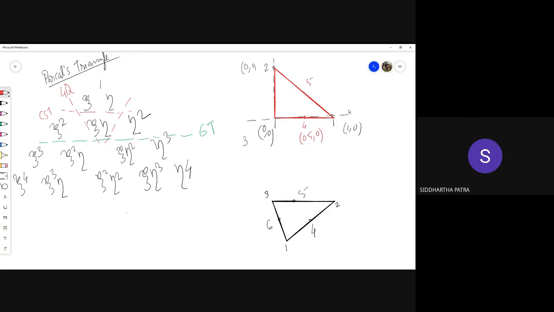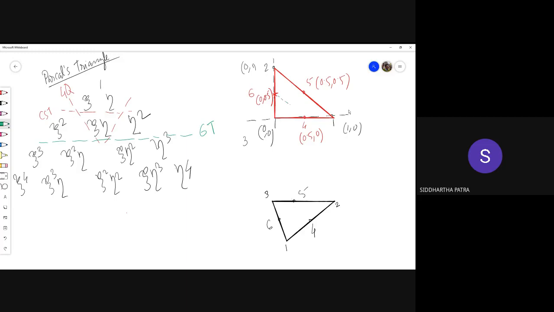Node number 5 has coordinates 0.5, 0.5, and node number 6 has coordinates 0, 0.5. So I will show you how to construct the different shape functions.